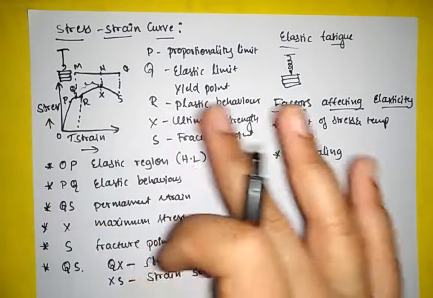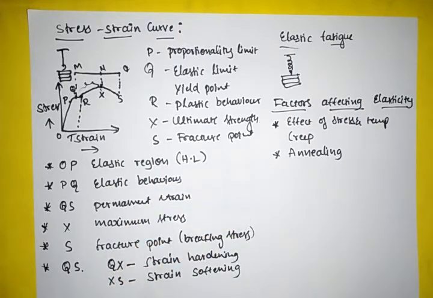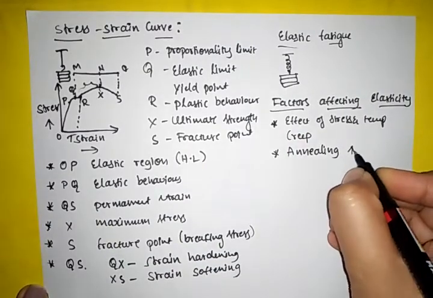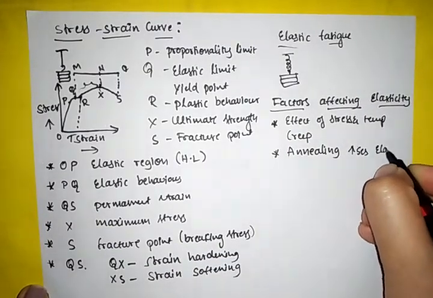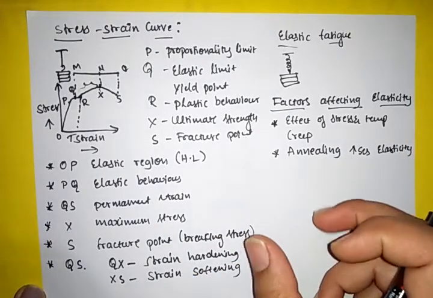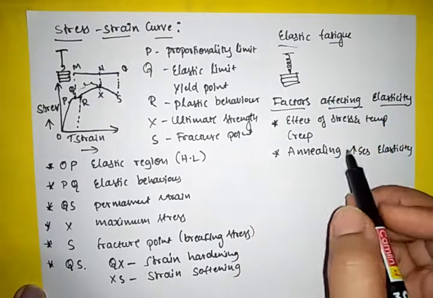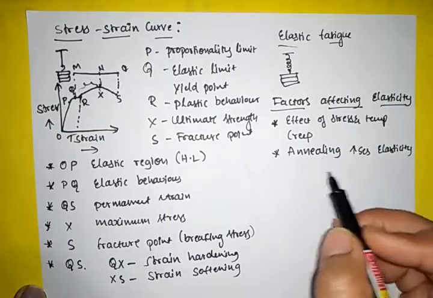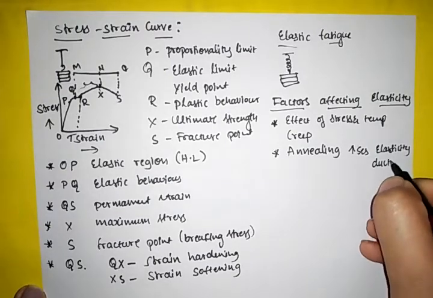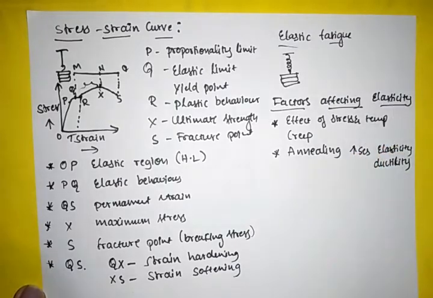It improves the elasticity and also increases the ductility. So annealing softens the material by heating, and while cooling the material gains strength, and it increases the elasticity and ductility. This is one of the major factors affecting the elasticity.